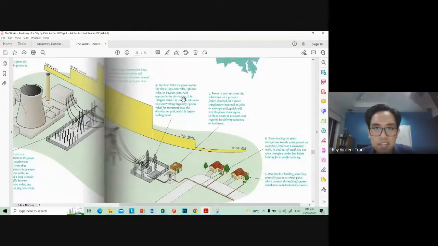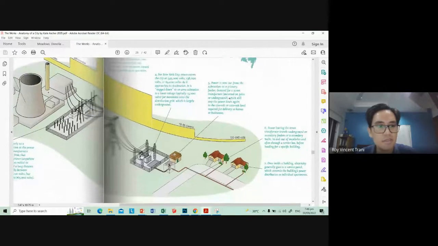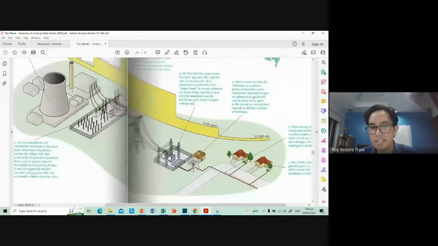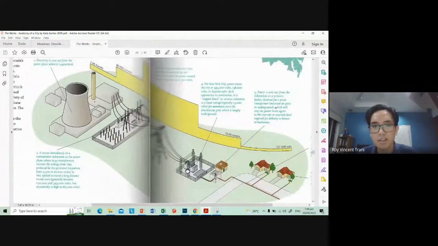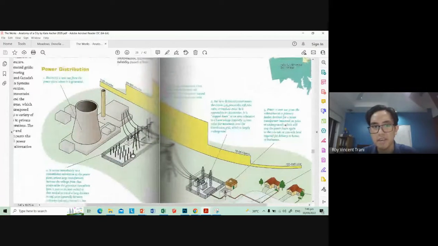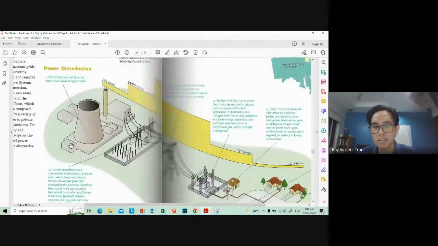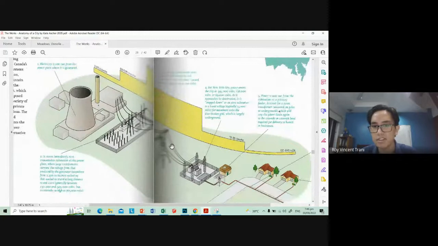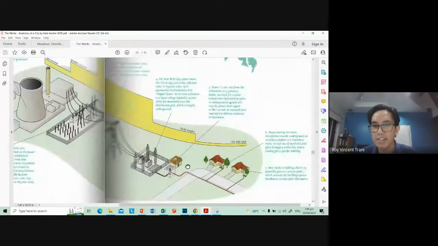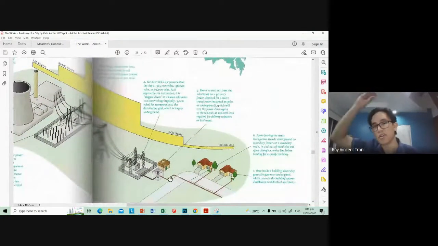It's still called a substation, but a lot smaller than the one closer to the power plant. So it starts with the power plant, and the substations gradually become smaller until it's connected to your local power line, which is then connected to your home.